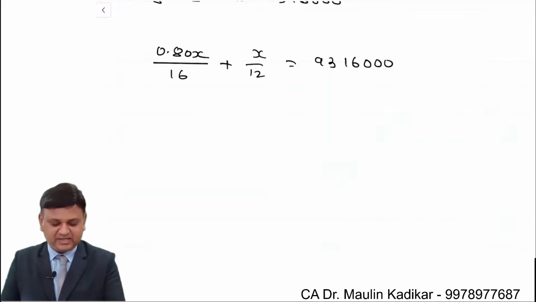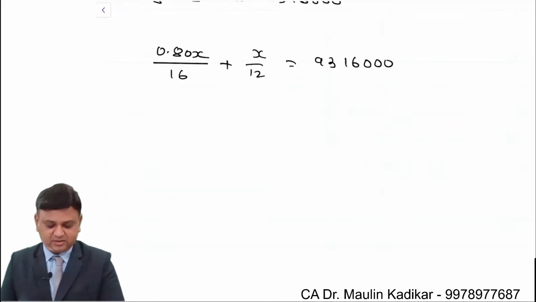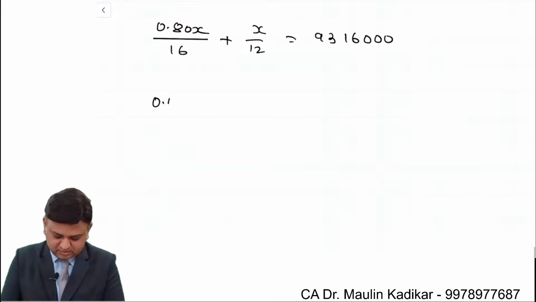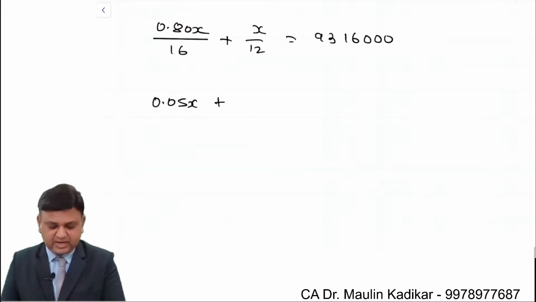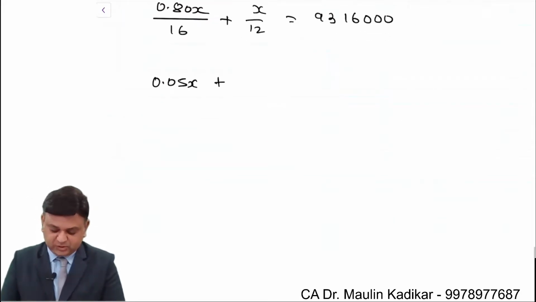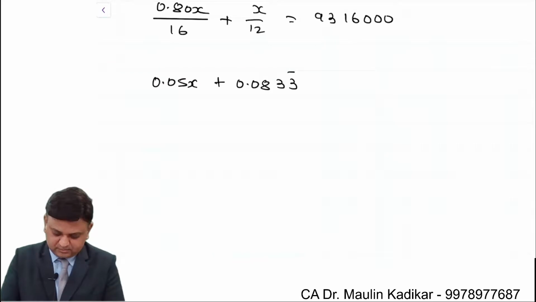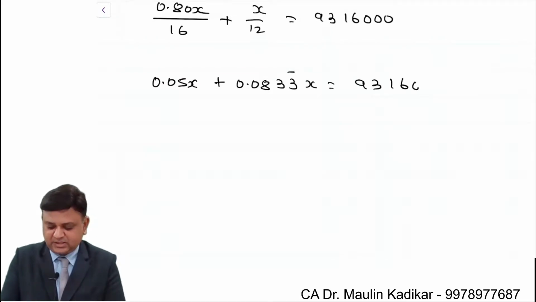Now you'll get the answer: 0.8 upon 16 is 0.05x, and 1 upon 12 is 0.083333x, is equal to 93 lakh 16,000.